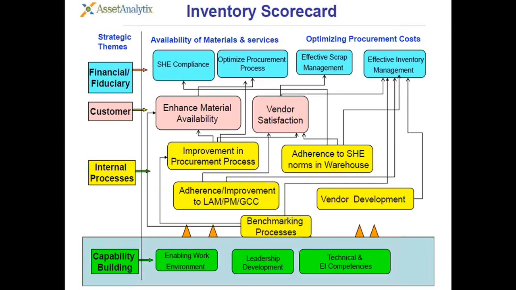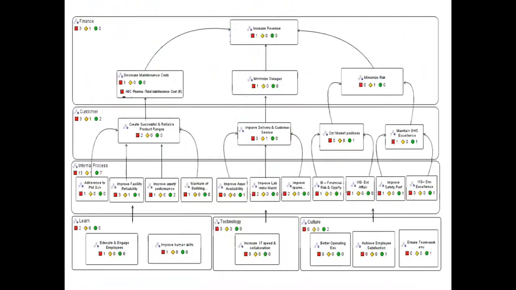There could be other examples, but here it is really focused on internal customers, the financial responsibility, the processes, and really building capabilities. So this is one example, and you can have your own strategy based on your own goals. This is another way of presentation of goals.